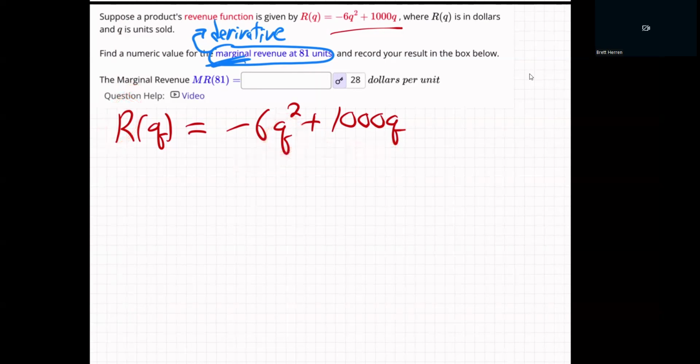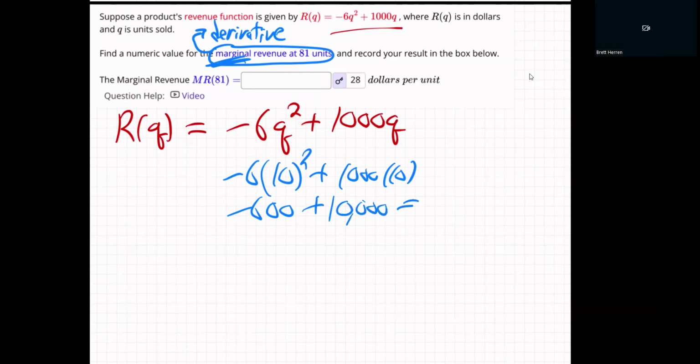For example, I could plug in 10 for Q, and you get minus 600 plus 10,000, so 9,400. If you sell 10 items, you're going to make $9,400. They must be big items, whatever they are.